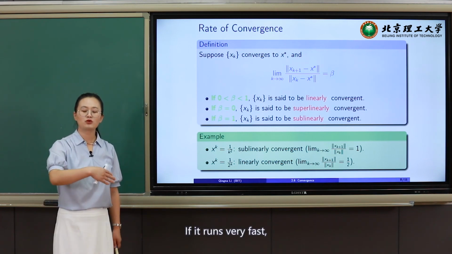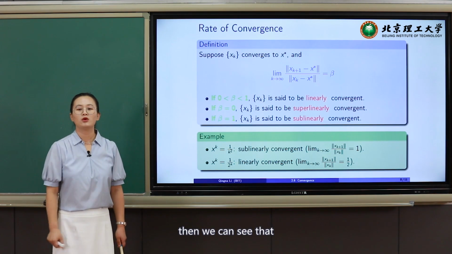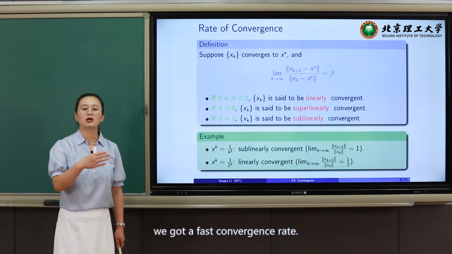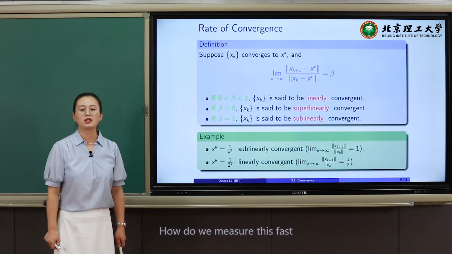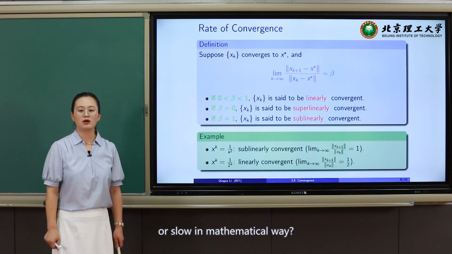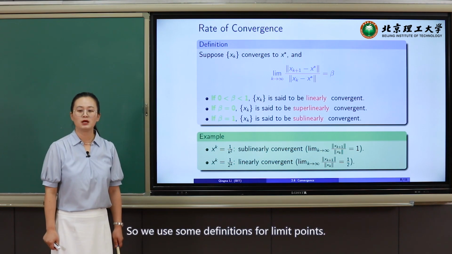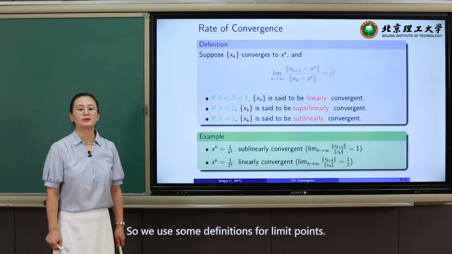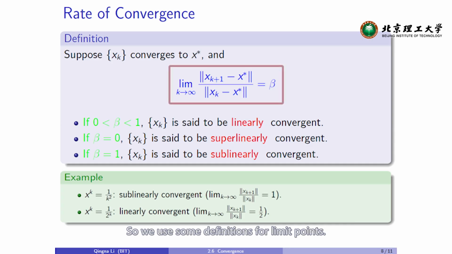If it runs very fast, then we got a fast convergence rate. So how do we measure fast or slow in a mathematical way? We use some definitions for limit points. We use a ratio here to measure whether a sequence converges fast or not.